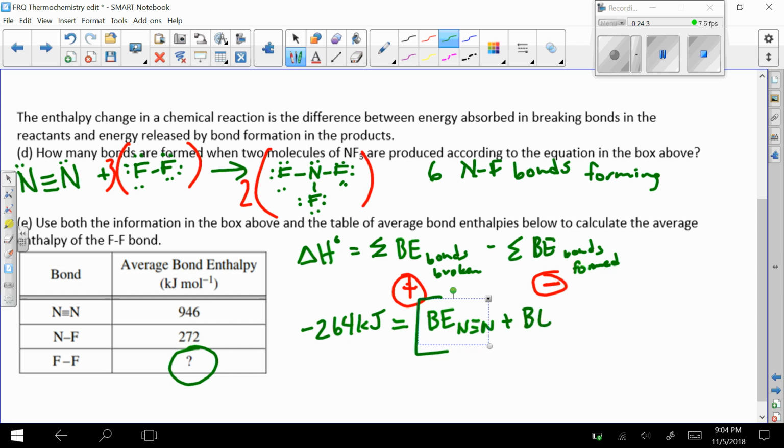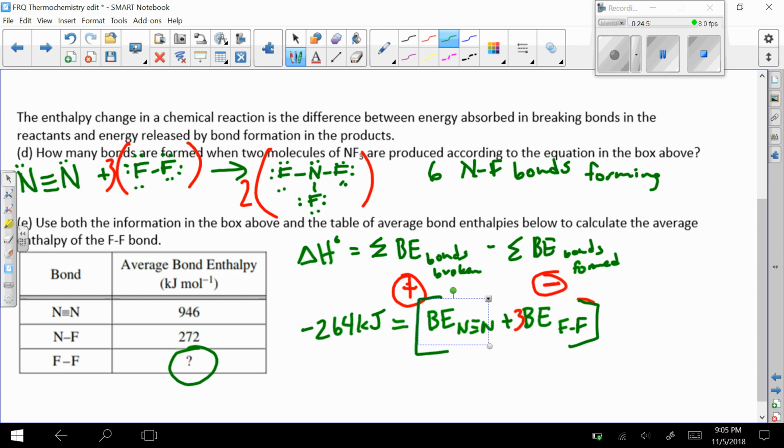The other bonds being broken are the fluorine bonds, and we have 3 of them.